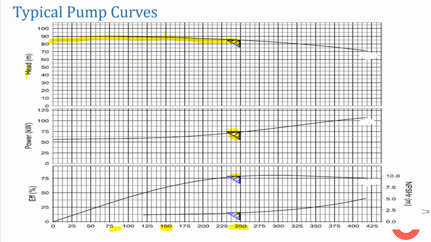So this is basically how a typical pump curve is read. I hope guys you have learned how pump head loss calculation is done, what the various terms involved in it are, how we calculate certain factors, and with the help of it how we select the pump head.